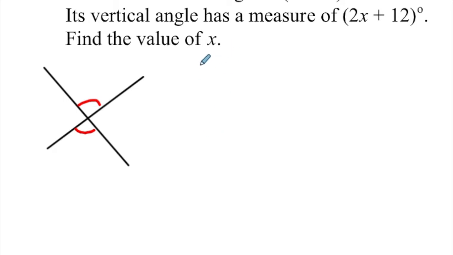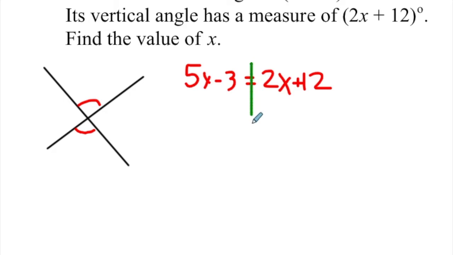So in this case, we can say that 5x minus 3 is equal to 2x plus 12, and it's asking us to find the value of x. So in other words, it's asking us to solve this equation for x. So we have variables x's on both sides here. So we need to collect all of those x's together.